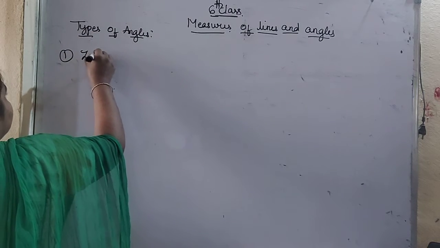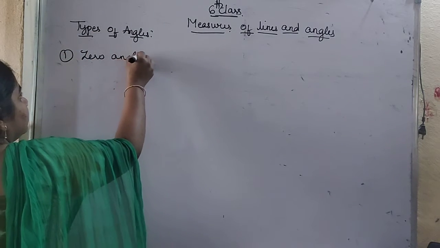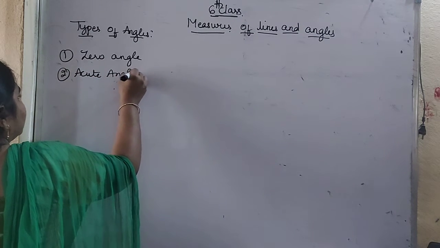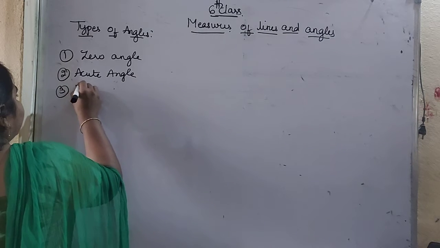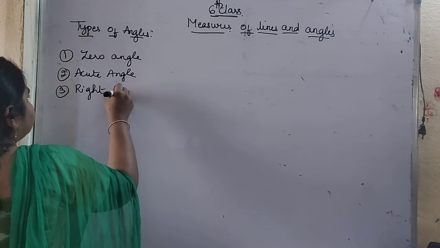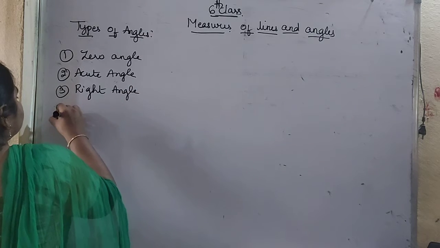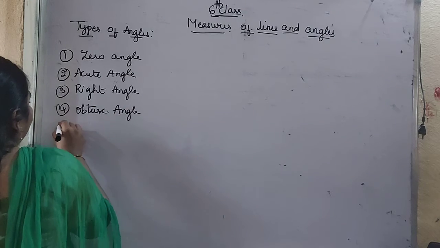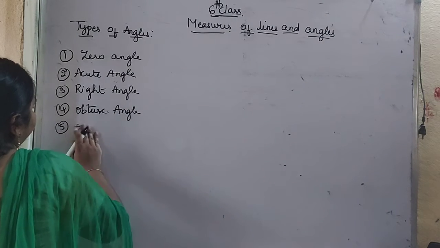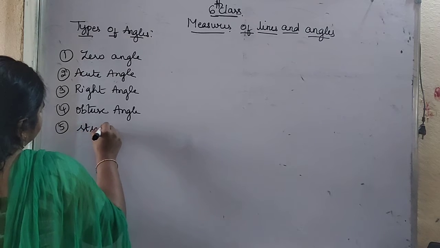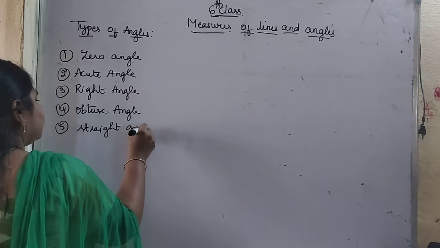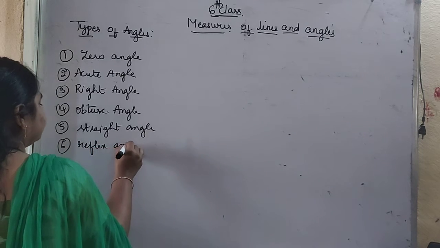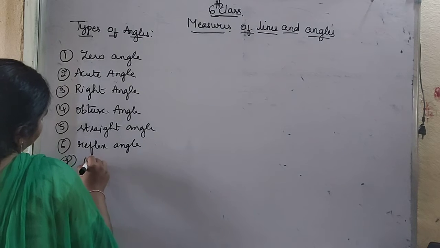One is zero angle, second one is acute angle, third is right angle, fourth is obtuse angle, fifth is straight angle, sixth is reflex angle, and seventh is complete angle.